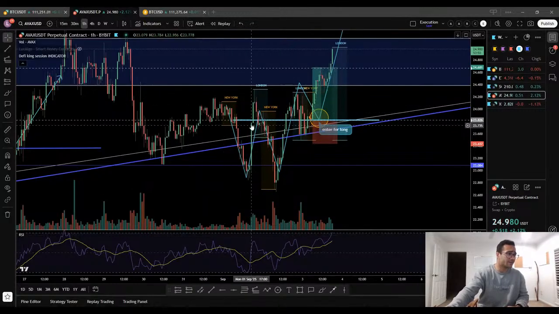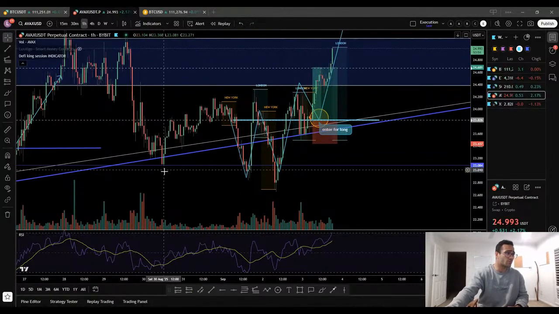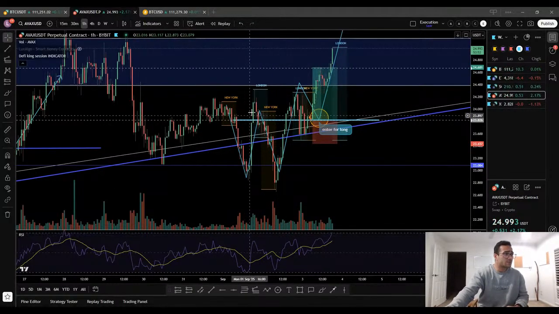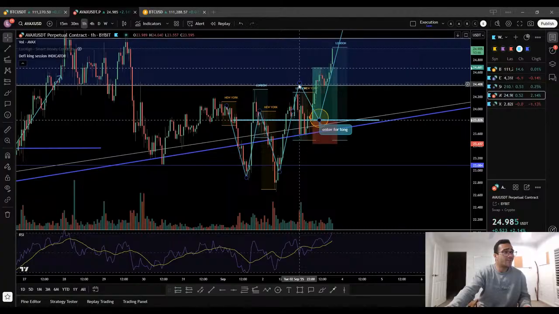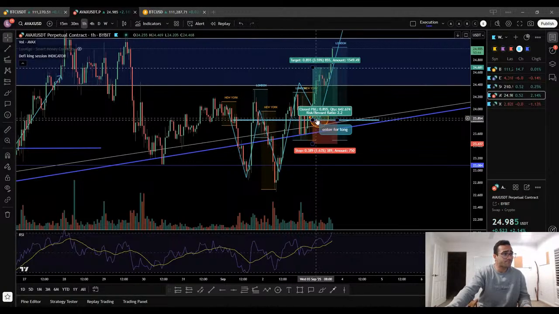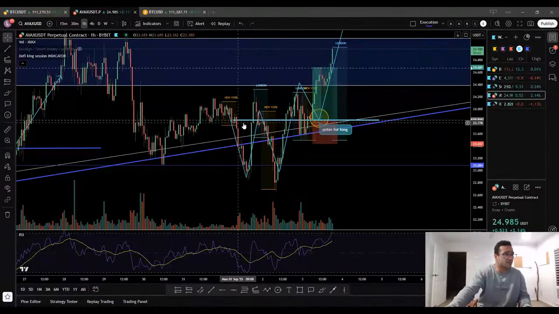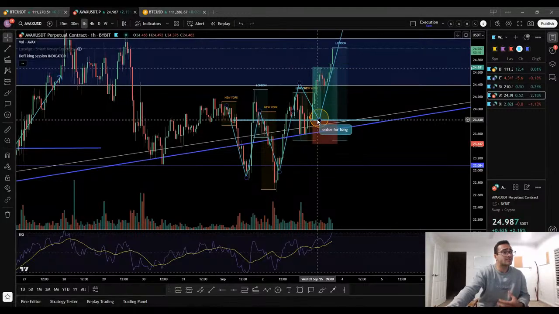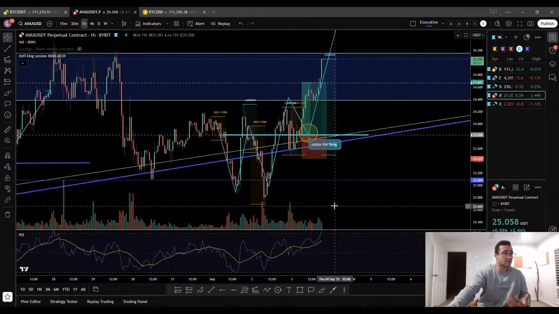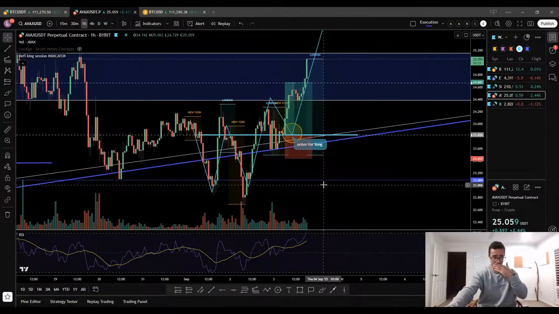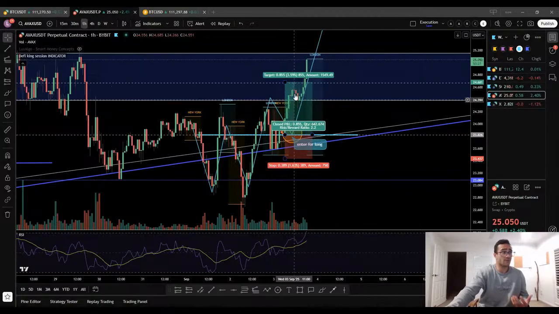So I saw a double bottom, or you could call it a triple bottom, but this one formed a double bottom or a W bottom, whatever you would like to call it. It then came up, then pushed down into this neckline. Normally when it retests this neckline and it is still above neutral, it sometimes gives you confluence that we're going to run.